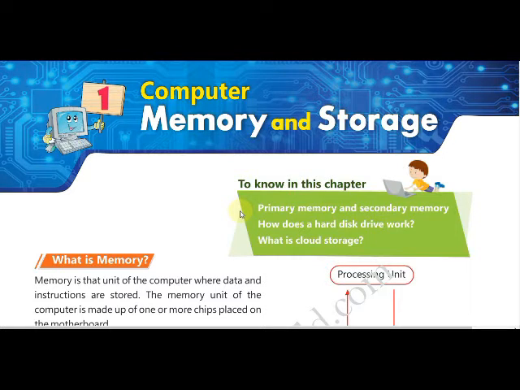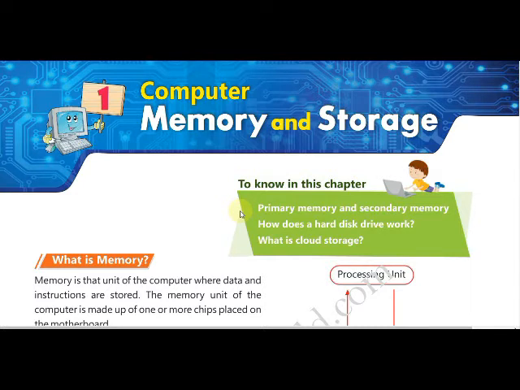It is located inside the cabinet of the CPU, and it is a green colored board. It has different sub-components: a processor chip, RAM slots, a cooling fan, and other slots like the graphics card slot. Many other components are installed here.